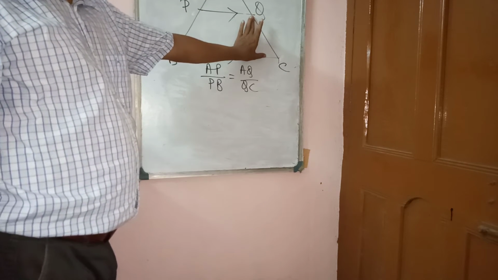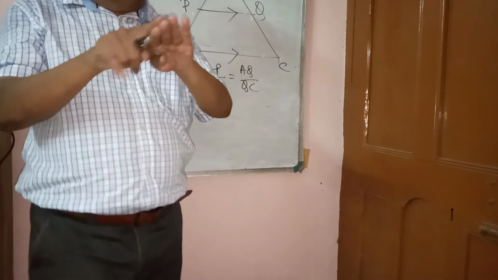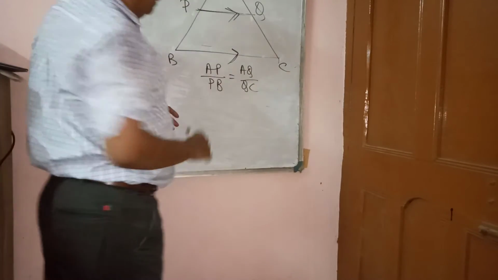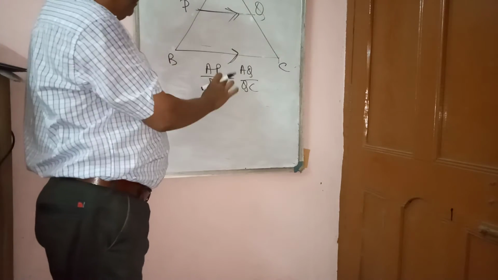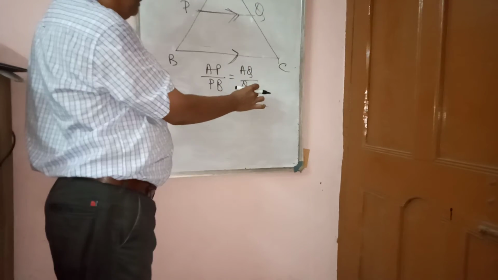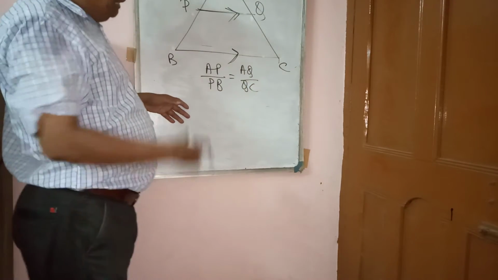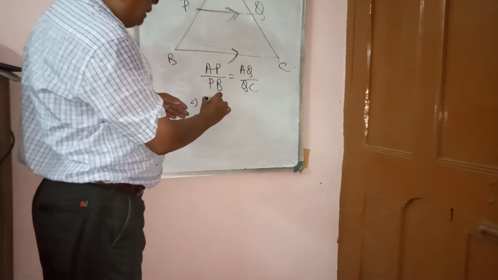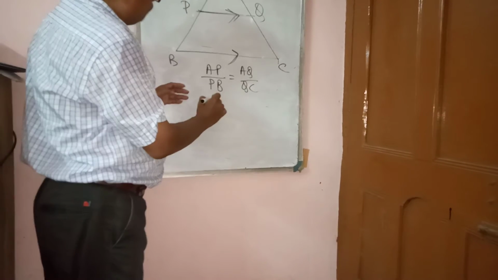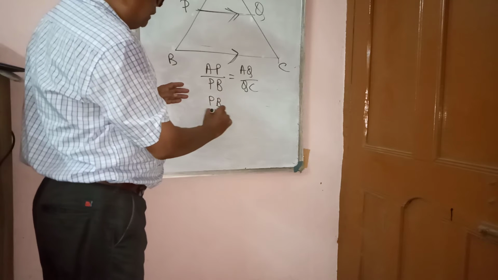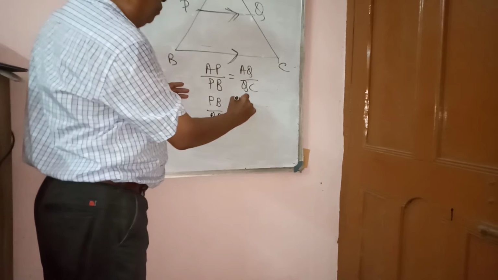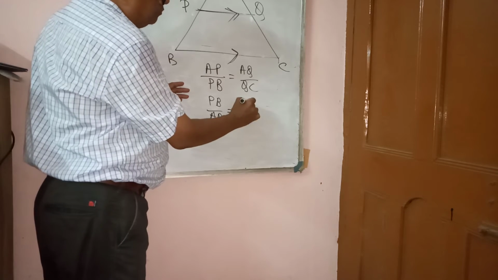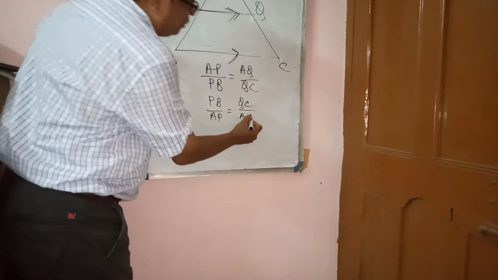Keep in mind. Okay. If the line is parallel, see, this parallel to this line, then ratio AP by PB equals AQ by QC. Okay. So we can write the reciprocal law. Look at here. PB by AP always equals QC by AQ.